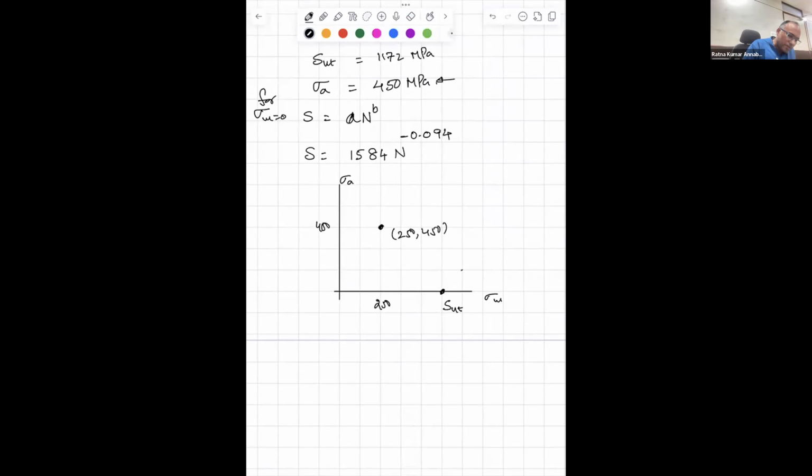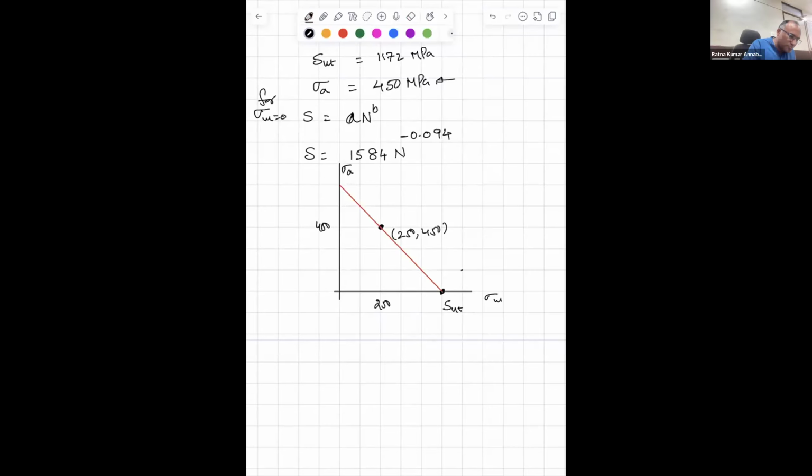Because the Goodman diagram is a straight line, how many points will you need on that line? Two, only 2 points. So I know these 2 points. Now I can draw a line. That is my sigma a.